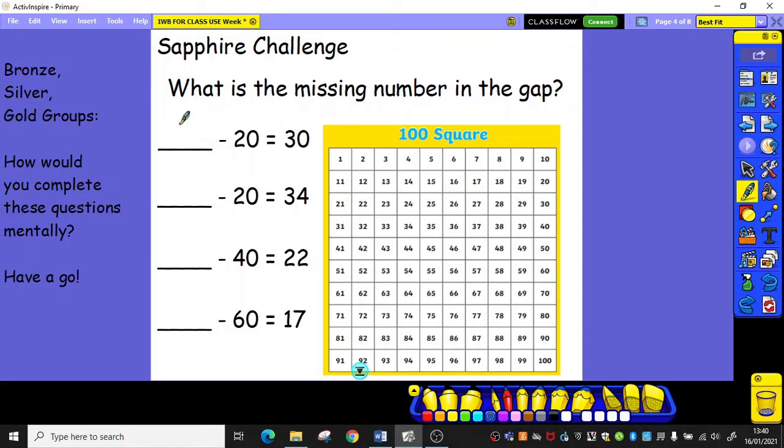Something subtract 20 gave the answer 30. Well, if I find 30 on here, hopefully we can remember this all from yesterday. If I subtracted 20, it means that my number was 20 bigger than 30. In other words, 30 add 20.